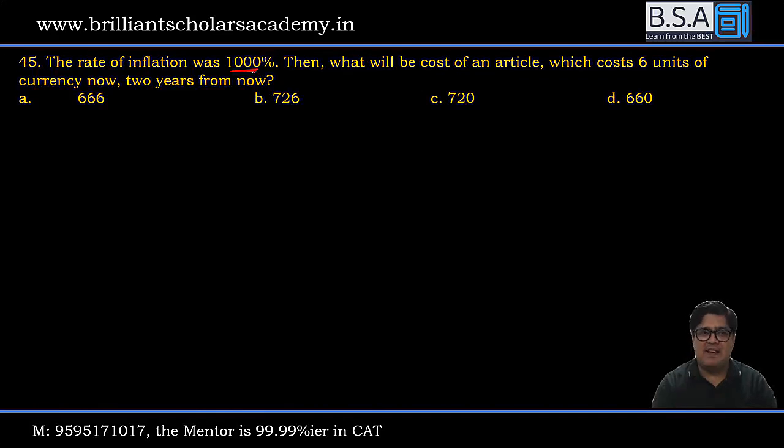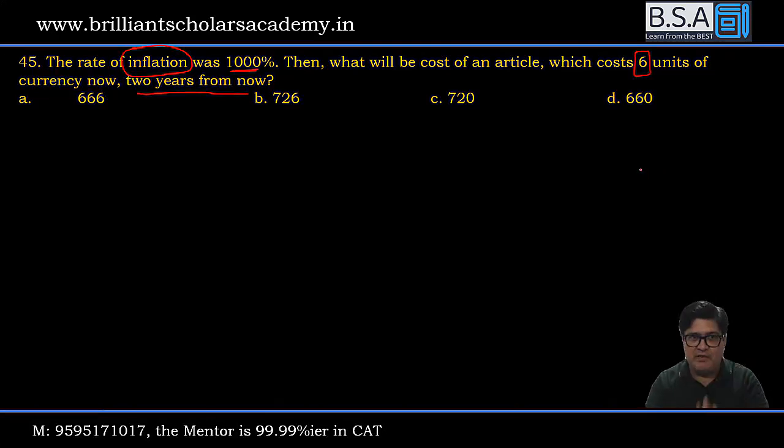What is inflation? Inflation is increase, an increase in the value. There was 1000% inflation, then the cost of the article, which is 6 units now, will be how much in 2 years?